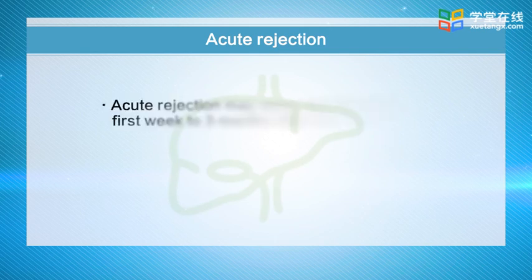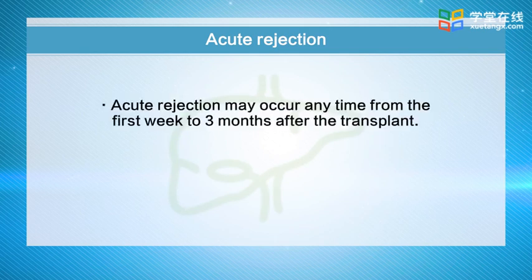Second, acute rejection may occur anytime from the first weeks to 3 months after the transplant. It also may appear suddenly months or even years later, after immunosuppression is tapered or terminated.